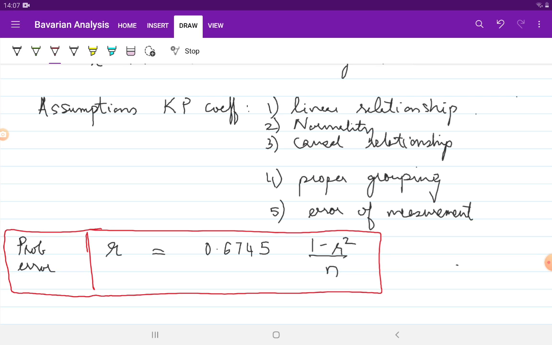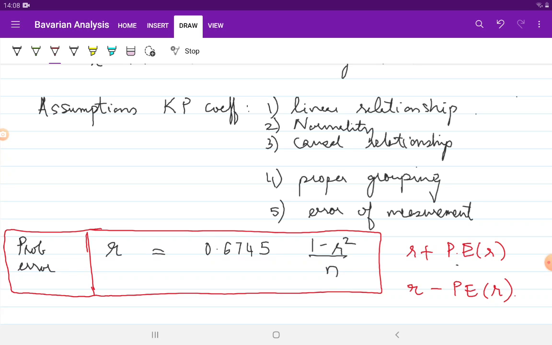Once again, just understand the concept. I don't know how important this formula is. Basically, you have one sample which has been taken from some population. You have calculated its Karl Pearson's coefficient. Now, if you add and subtract this probable error, you will get an upper limit, which is r plus the probable error of r, and a lower limit, which is r minus the probable error of r.